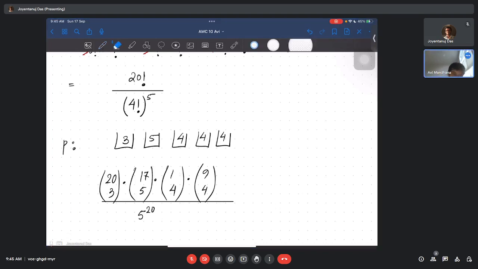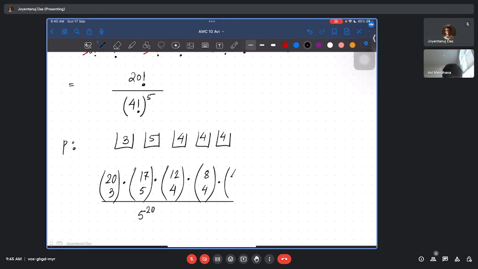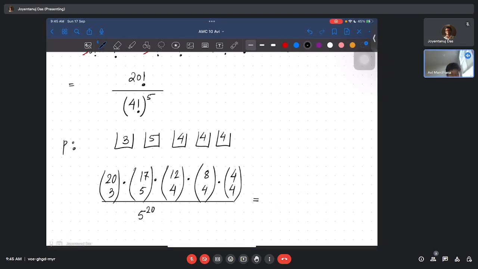Right. Now simplify it like the Q thing. Okay, I'll write it down. 20 factorial, 3 factorial.